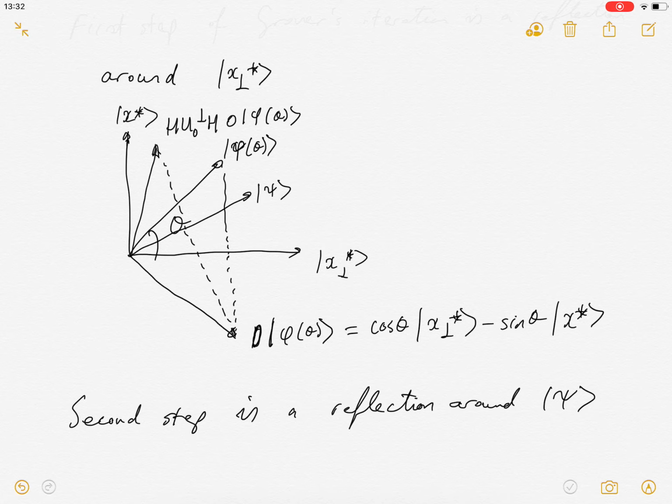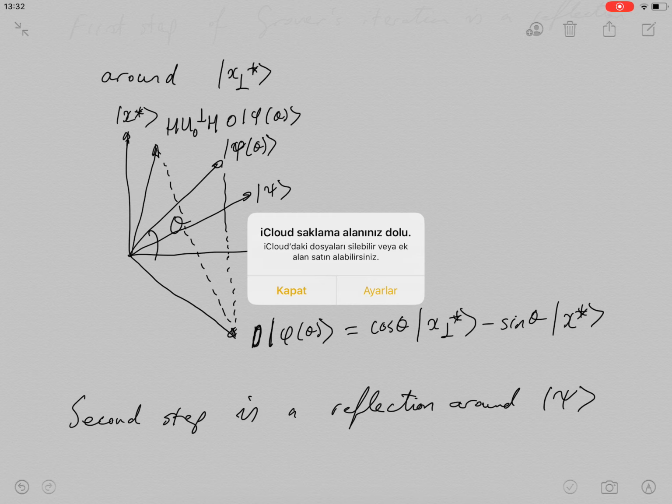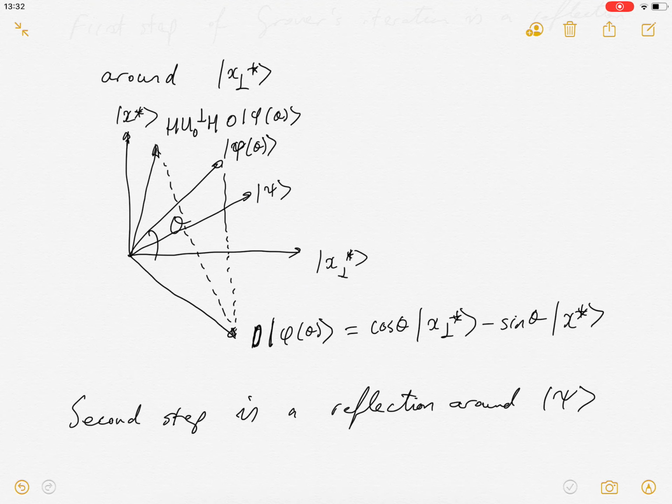Our initial state was phi theta, and after the first iteration, we get closer to the key value. The more we apply Grover's iteration, the closer and closer we get to the key value.